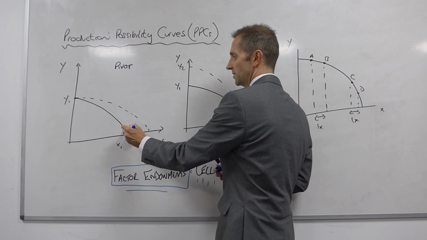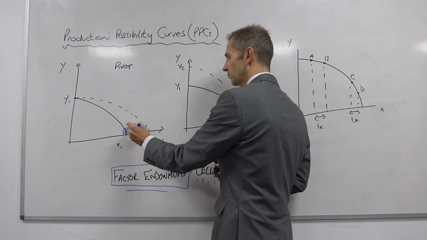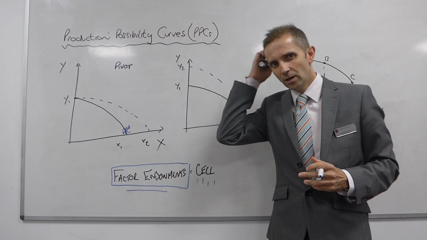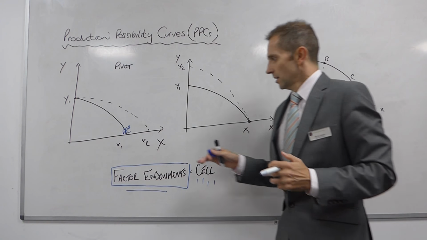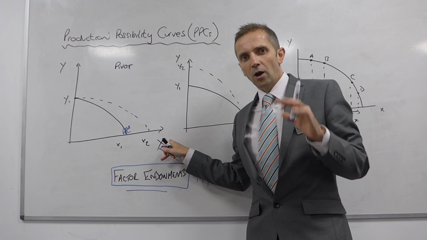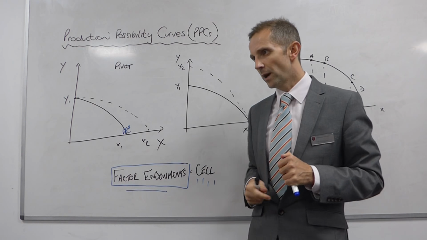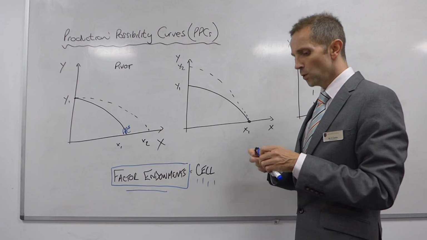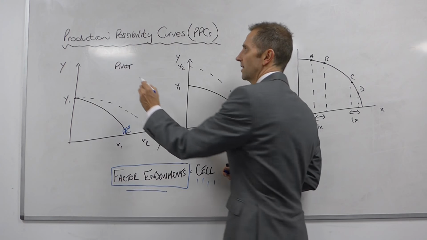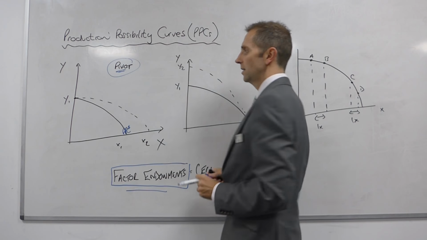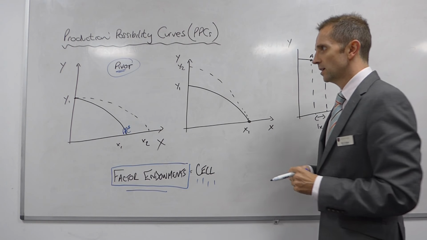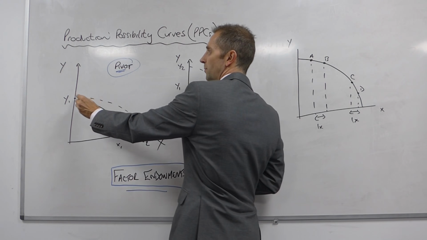So, here we have PPC1. If it were the case that we had more of X being produced for one reason or another, and we'll come back to those reasons in a moment, then what you'll find will happen is that there will be this pivot in the PPC curve. So it will pivot around this point Y1.